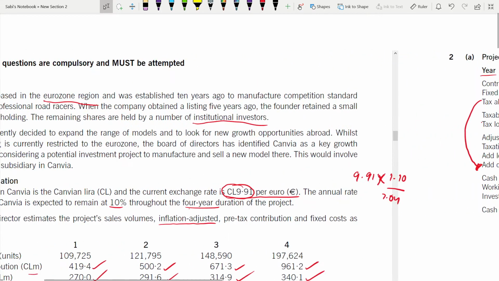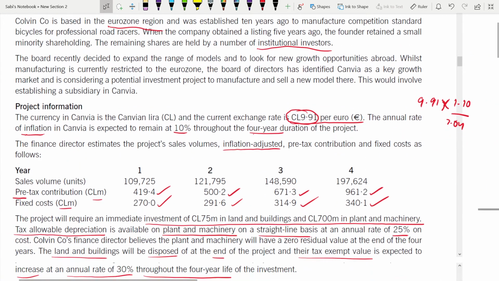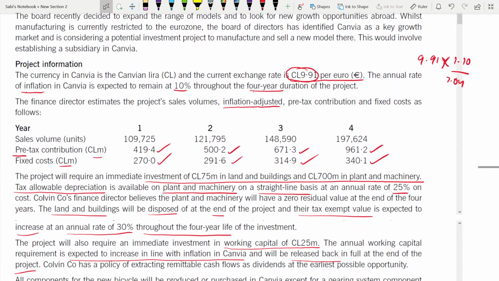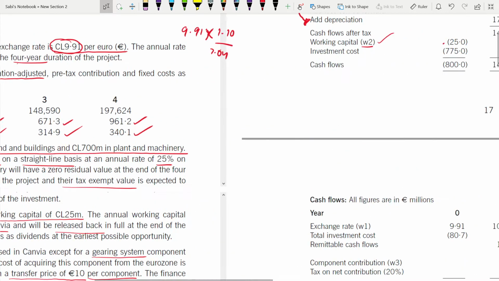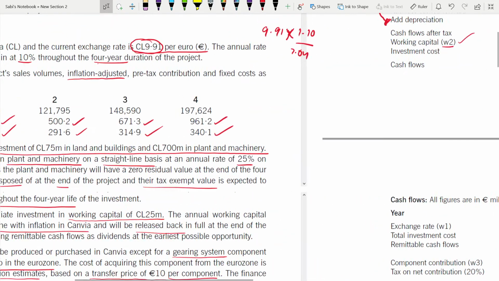Let us read that thing again, because by now you forgot what it is, right? Land and building disposed at the end of project, and that as well as expected to increase at an annual rate of 30%. What is the amount? 214.2.